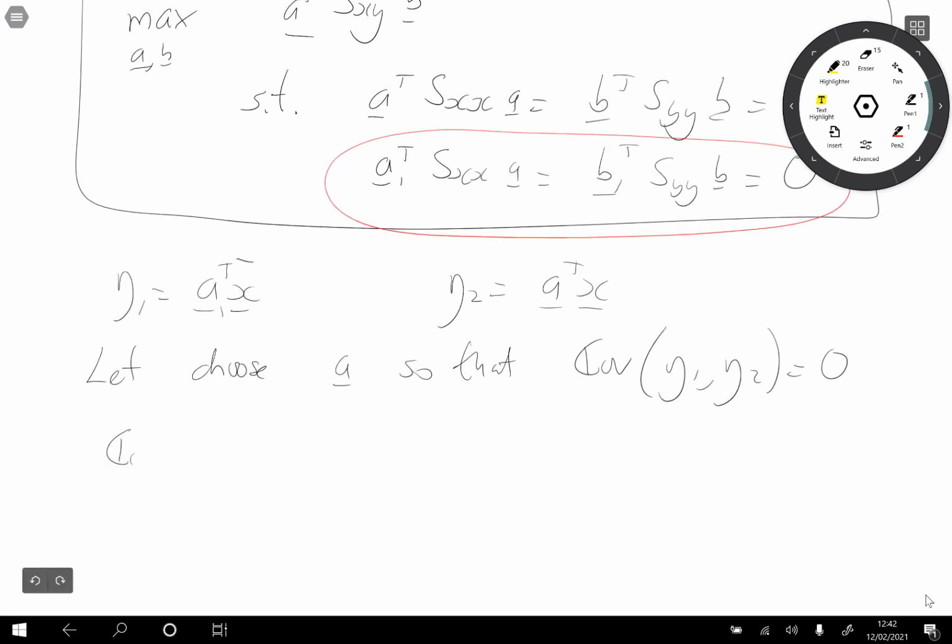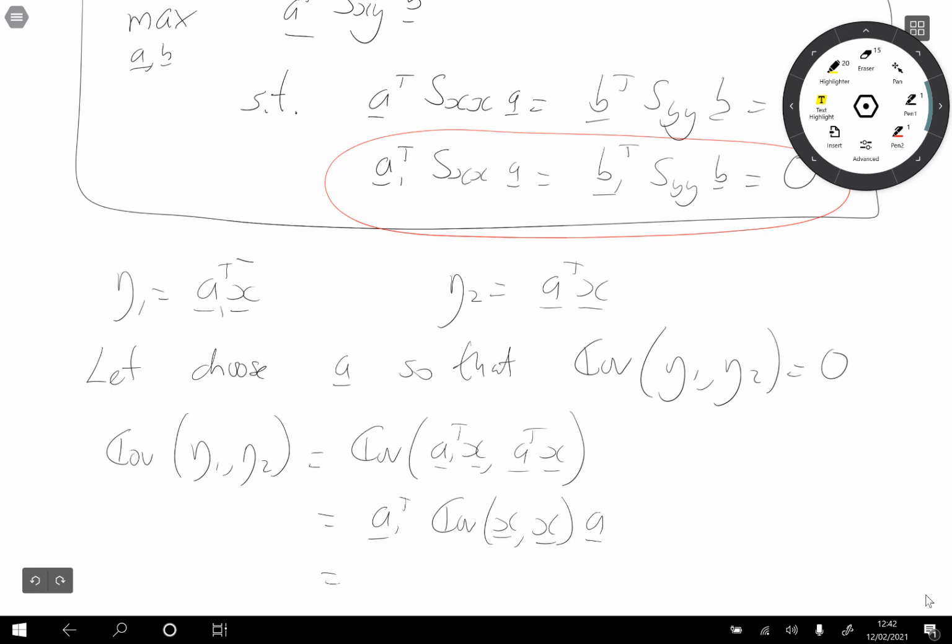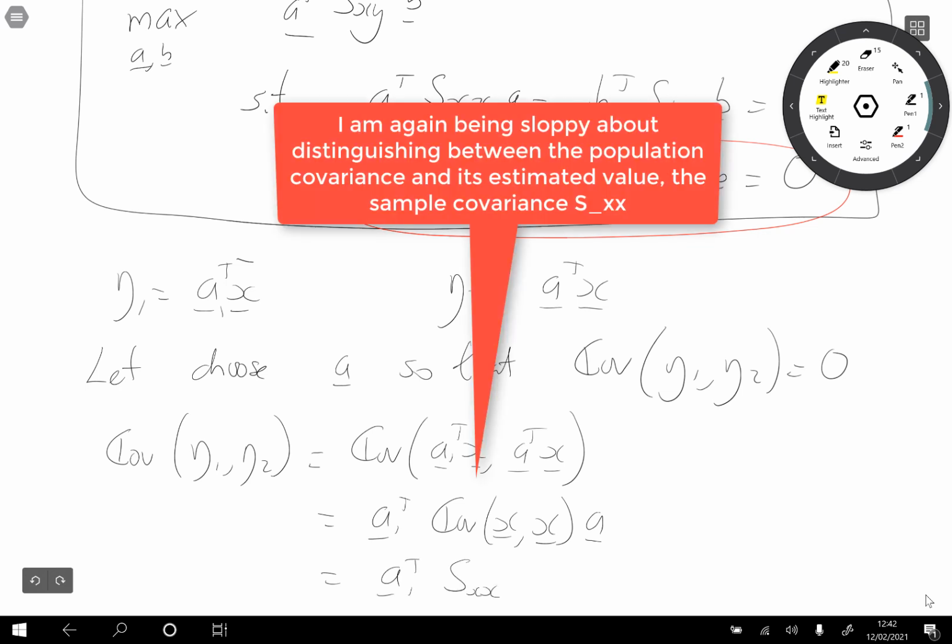So if we think about the covariance between eta1 and eta2, well, that's the covariance between A1 transposed X and A transposed X. And you'll be able to see this is just A1 transposed the covariance matrix between X and X, which is SXX, times A. So that's where our constraint comes from.